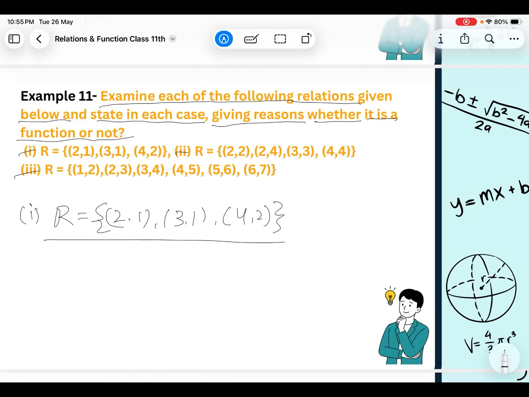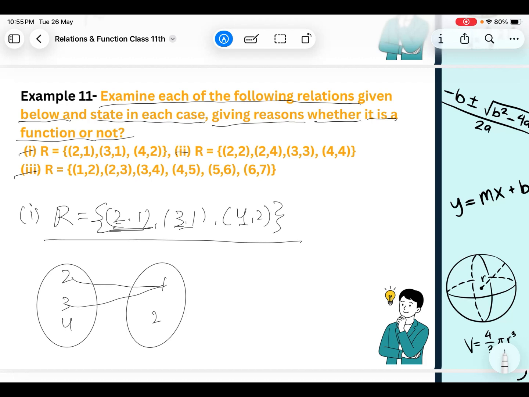Whenever I see something like that, I immediately draw two sets, so I can represent the ordered pairs. The first elements are 2, 3 and 4, and the second ones are 1 and 2. We have 2 to 1, 3 to 1, 4 to 2. You see there is an input and it has some output.